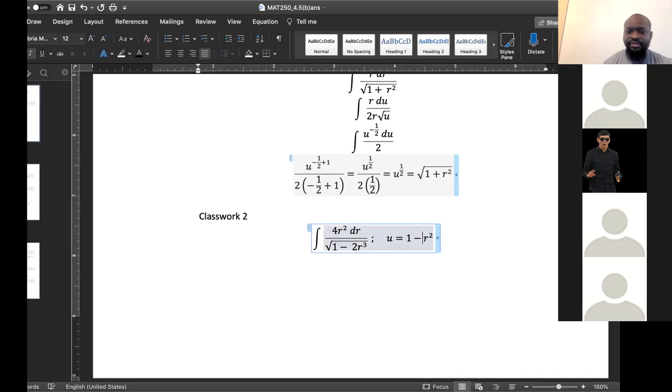So your u is 1 minus 2r cubed. I'll put a minus here too. All right, off you guys go. Nail this one.